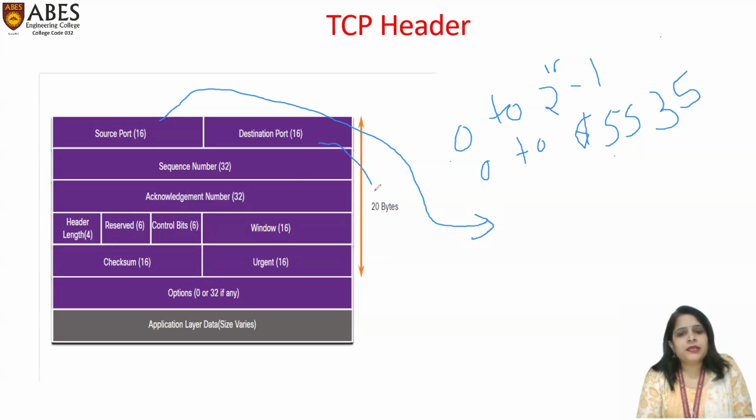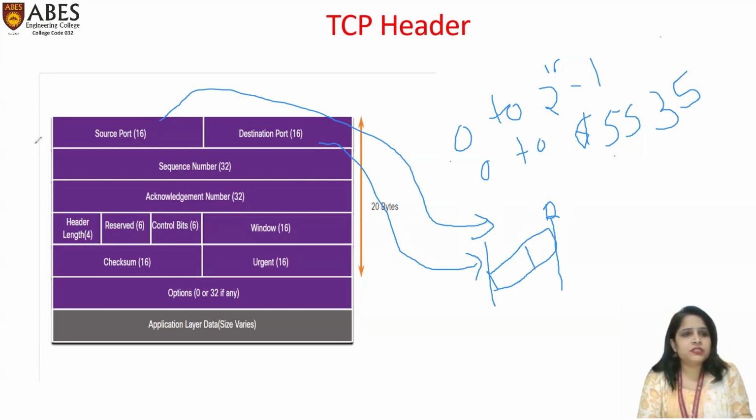Similarly, when the segment is sent to the receiver, multiple applications may be running on that machine. So which application process is ready to accept this segment is also identified uniquely by the destination port number. I hope you understand the source port and destination port clearly.